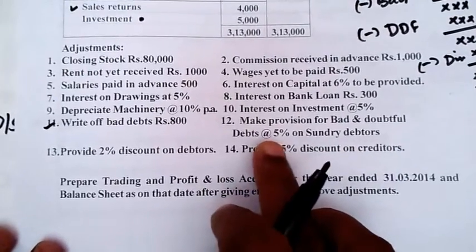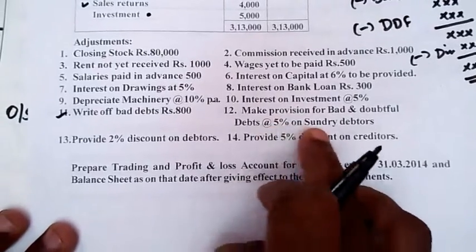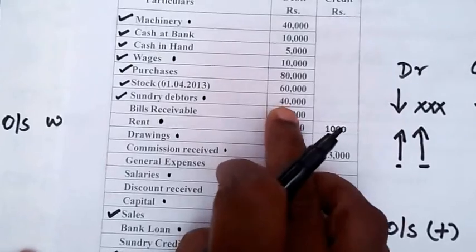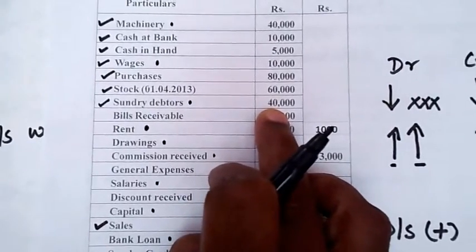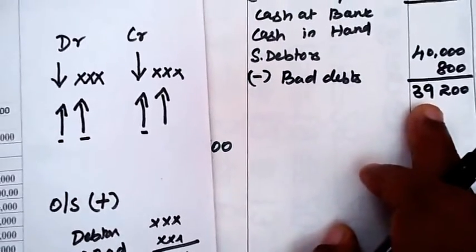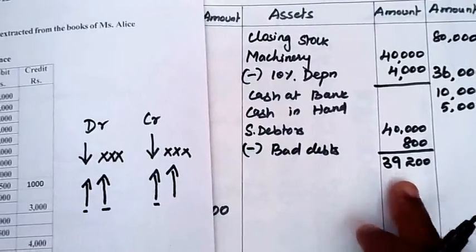It is given like this, 5% on debtors. You cannot simply calculate 5% on the full debtor amount, because we have subtracted bad debts. On the remaining amount only you need to calculate the provision for bad and doubtful debts at 5%.